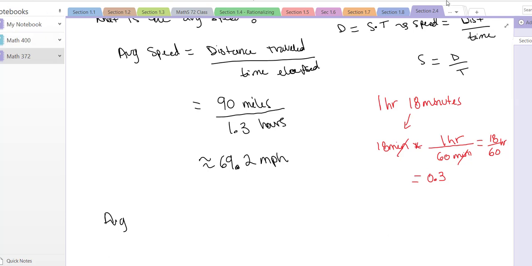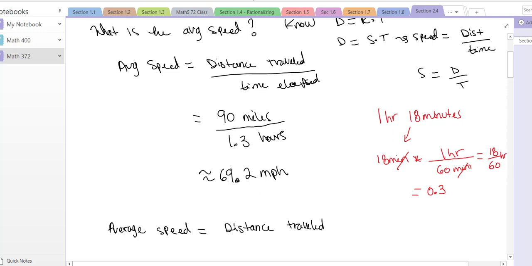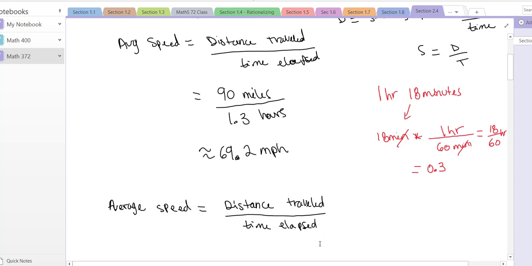So average velocity is the distance traveled, I'm just going to rewrite it again, distance traveled divided by the time elapsed. So the time that it took to travel.